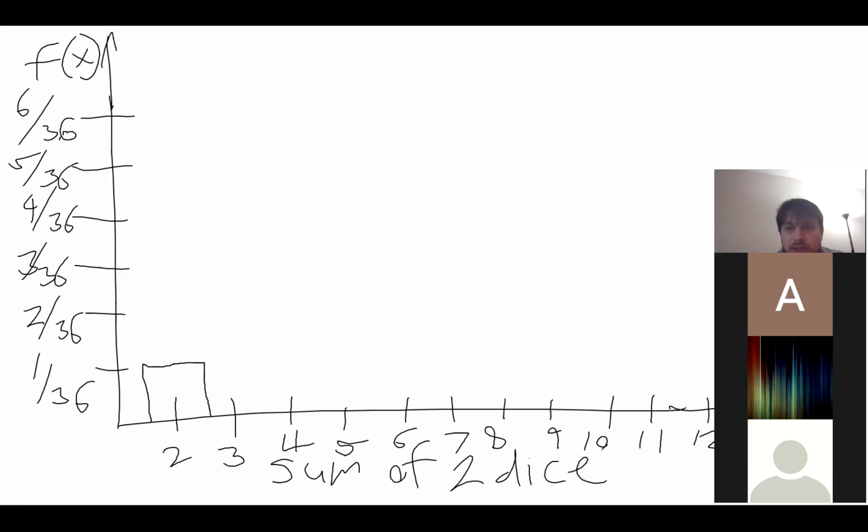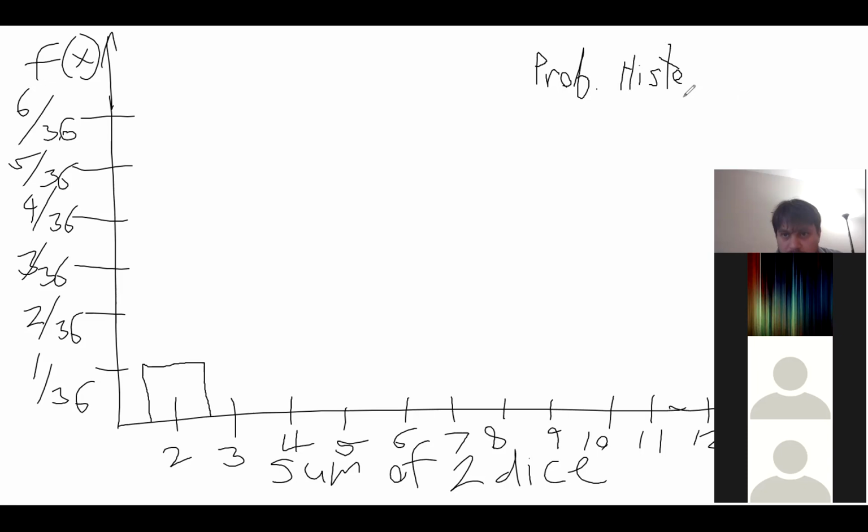So this is an example of a bar chart. Oh no, sorry. This is, like I said, this is probably a probability histogram. Okay, so this is an example of a probability histogram.